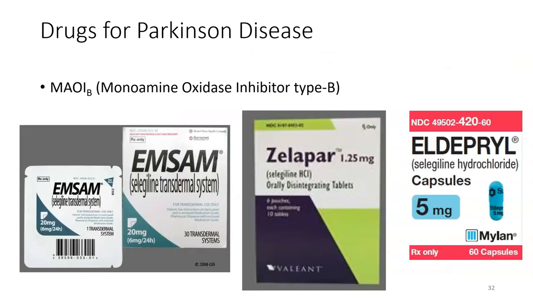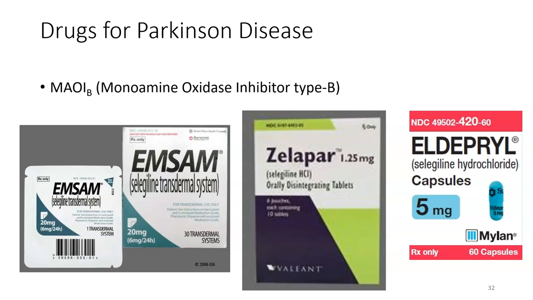We can also use monoamine oxidase inhibitors, type B. So MAOIs, a lot of times, we'll talk about in chapter 13. These are also antidepressant drugs, but that would be type A for antidepressant. Type B is used for Parkinson's disease.